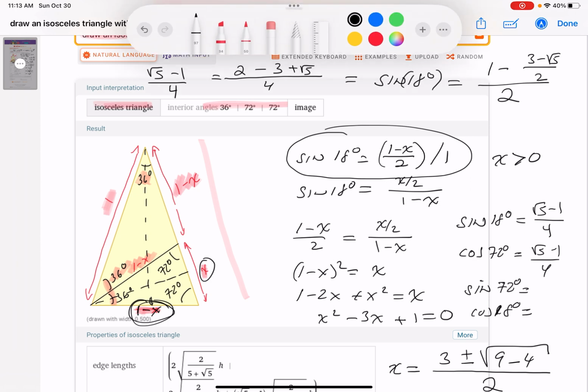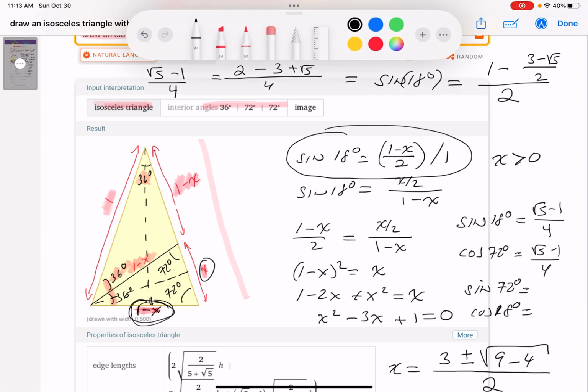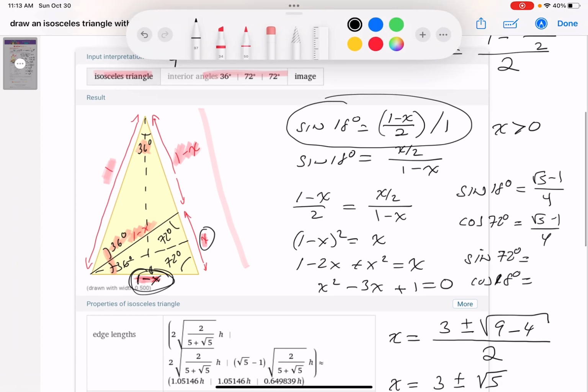How am I going to do that? Well, I'm going to square it, and I'll square the 18 degrees. So let me just remind you, the cosine squared theta plus sine squared theta is equal to 1. And I think we can generate the other values now, all right?